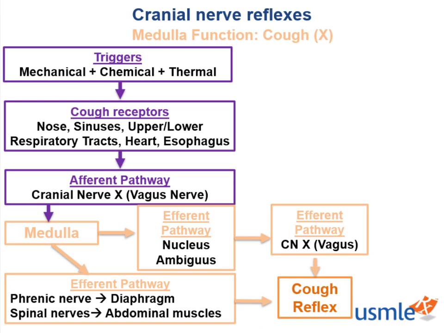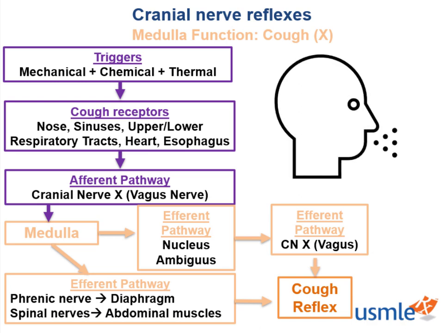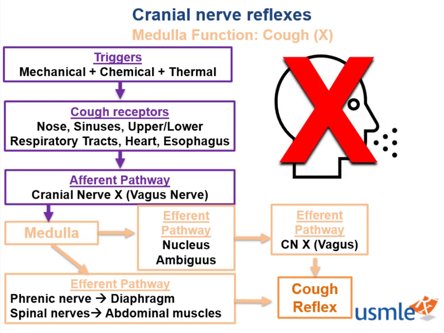Those are the commonly tested nerve roots of the phrenic nerves you must know for test day. To test this reflex in an unconscious patient, tracheal suctioning can be used. If the patient coughs, their medulla is intact. If the patient does not cough, their medulla may be considered dead.